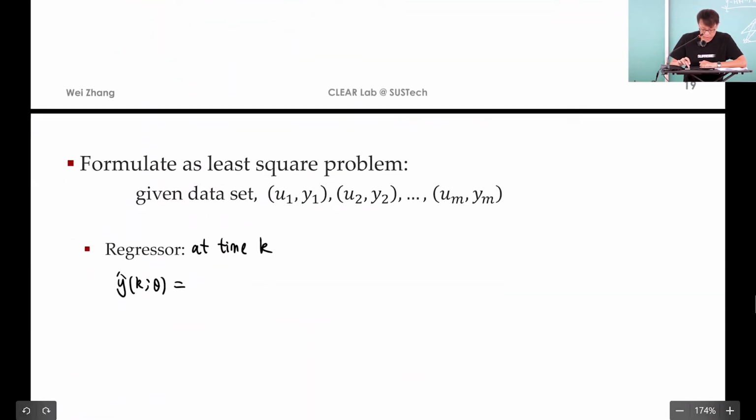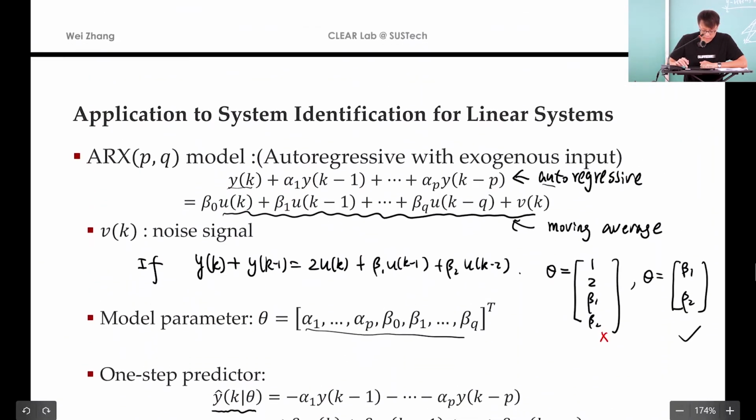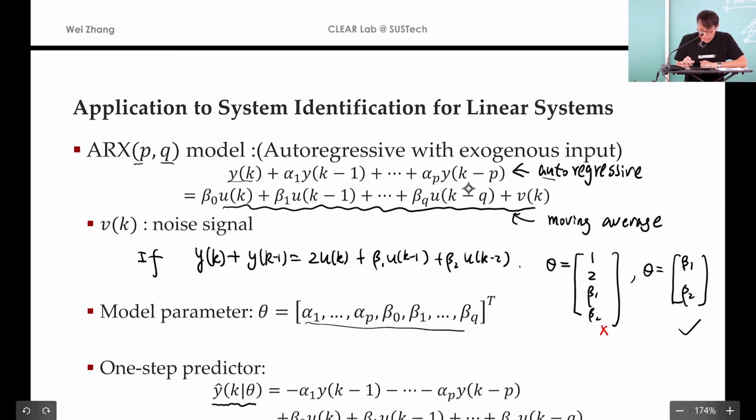If my model assumption is fixed like the autoregressive model, this is an autoregressive p, q model. I have p autoregressive terms backward in time, and the moving average term back in time up to the last q steps.